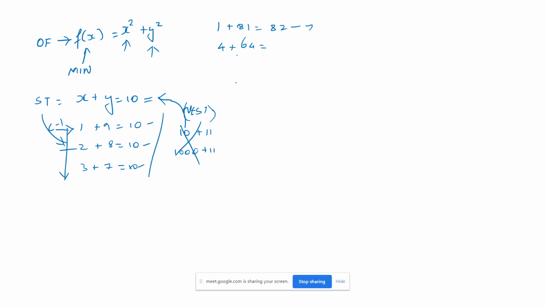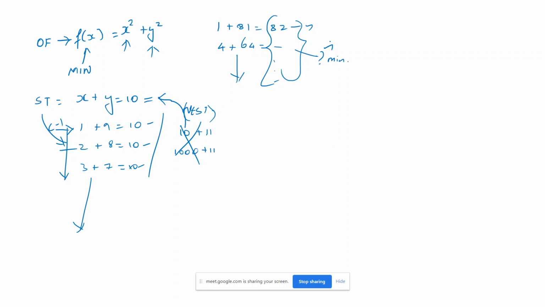Like that I can get all the values, and then I need to find the minimum value among them. So this is the problem statement. To solve this problem, Lagrange gave a solution. Using the Lagrangian method, I can still find the solution. Yes, it is correct that by trying all the possibilities, I can find out which is minimum.